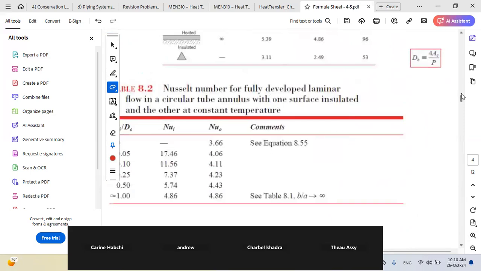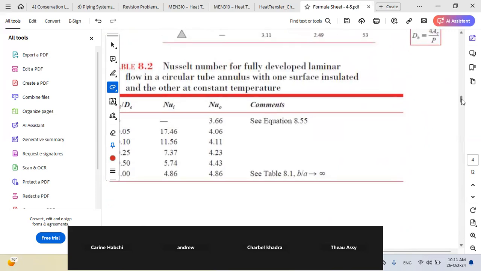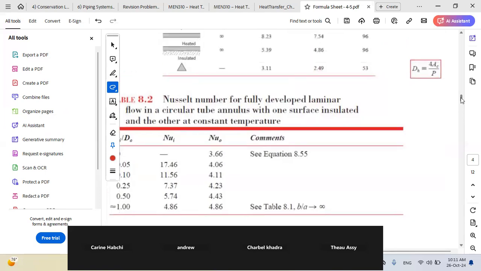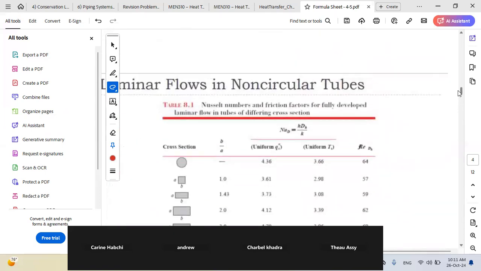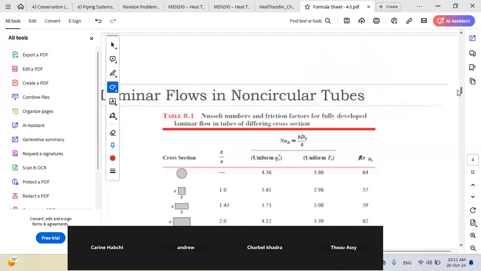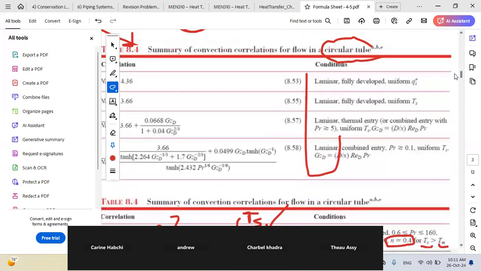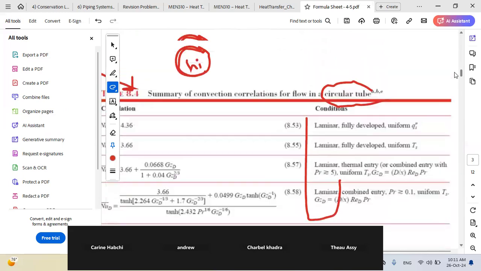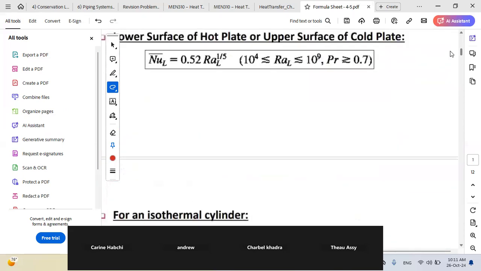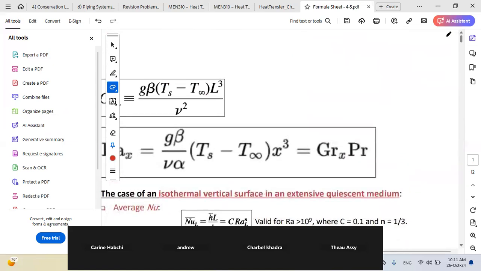So here in this appendix, we just have formulas for flow in a circular annulus with a surface insulated. So here in this appendix, we didn't put the relations for flow from the external side. I will update it for you. I will add the equations for external flows, okay?